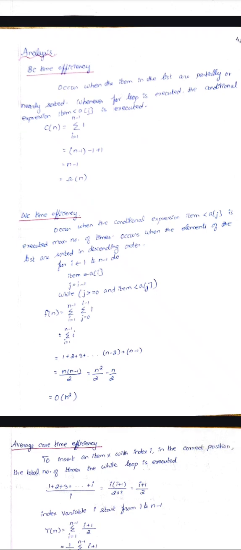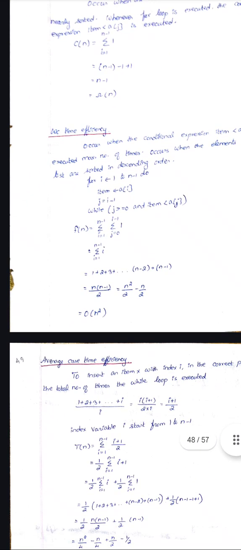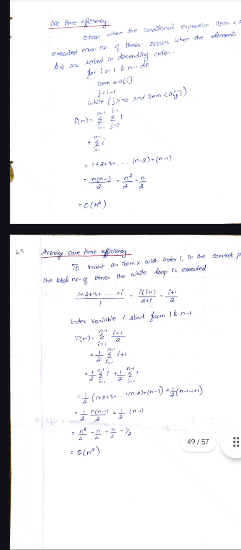Worst case time efficiency occurs when the conditional expression is executed the maximum number of times, which happens when every element of the list is sorted in descending order. So at that time you have to proceed with this.